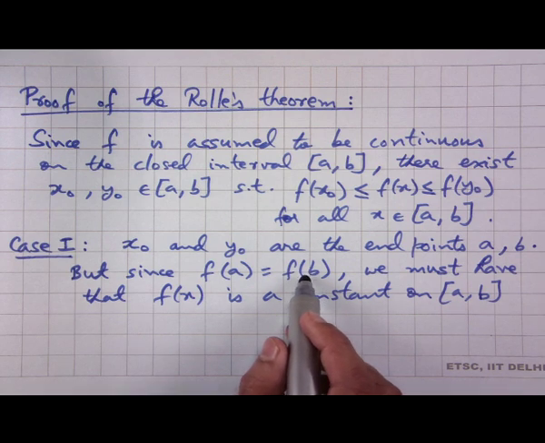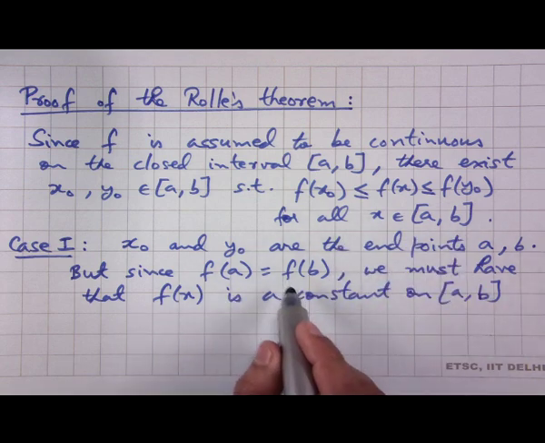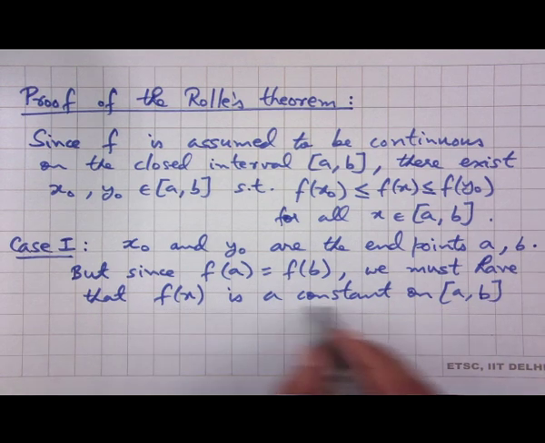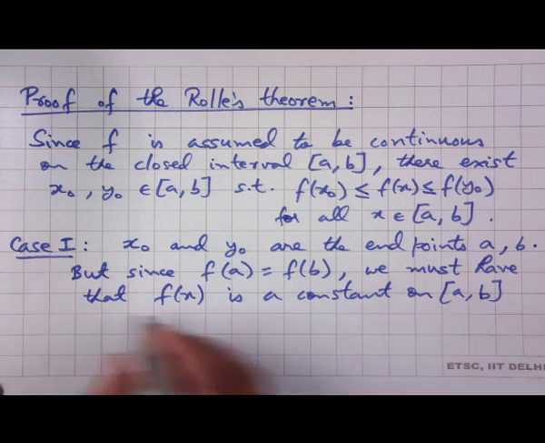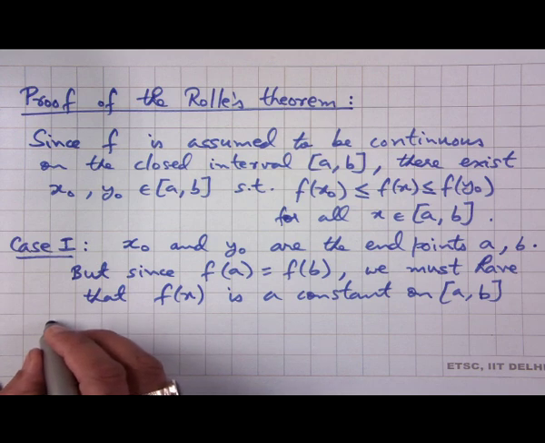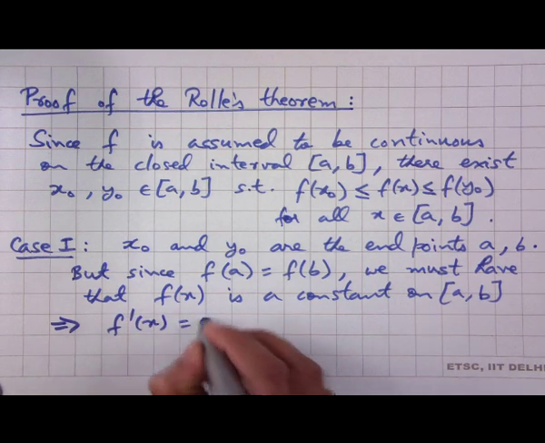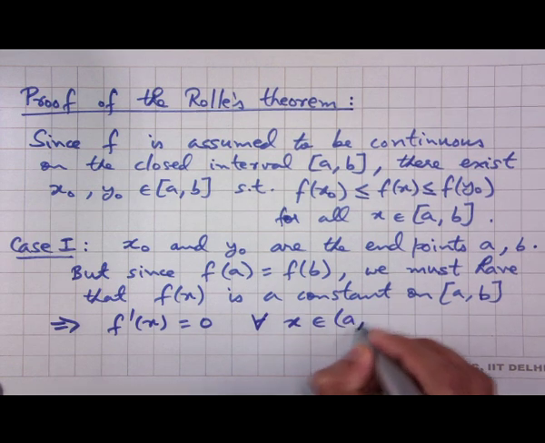So, therefore, f of x must be equal to this value for all x in [a, b], and if f of x is constant, we know that the derivative of a constant function is 0. This implies f prime of x is equal to 0 for all x in the open interval (a, b).